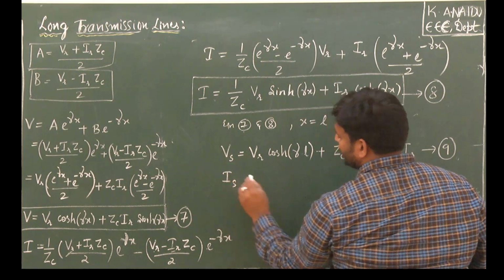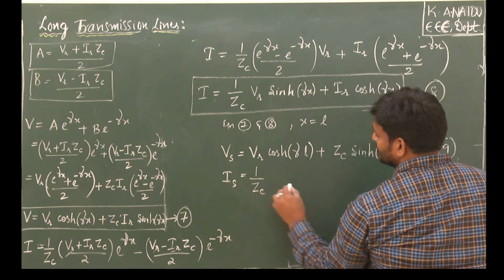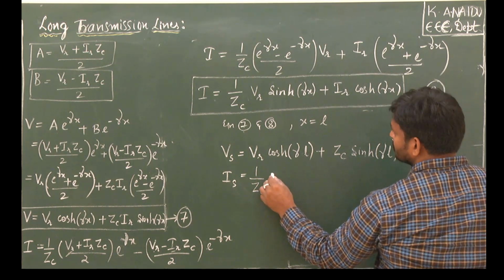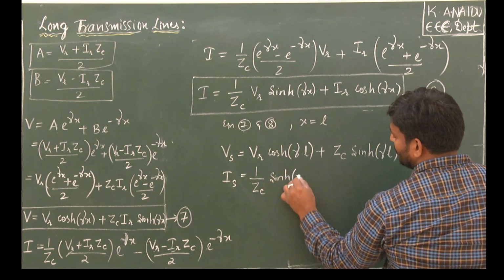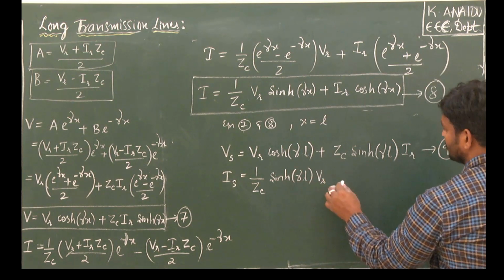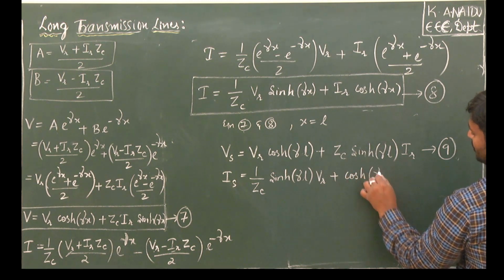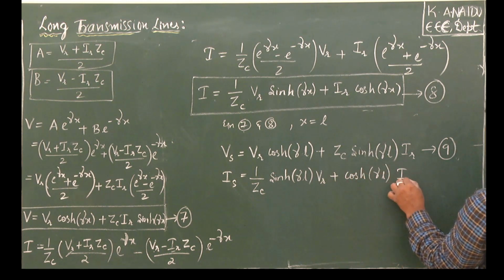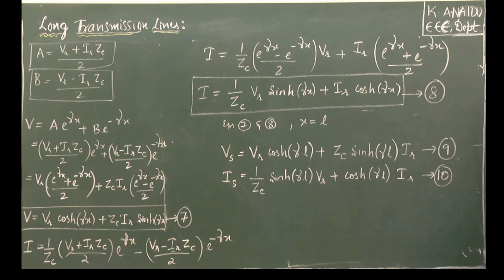I is equal to Is, that is equal to 1 upon Zc sin h of gamma L into Vr plus cos h of gamma L into IR. So take this as equation number 10.